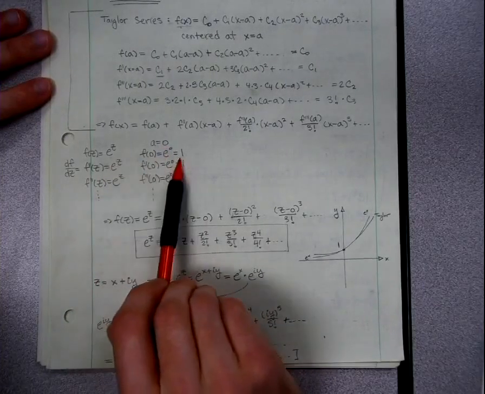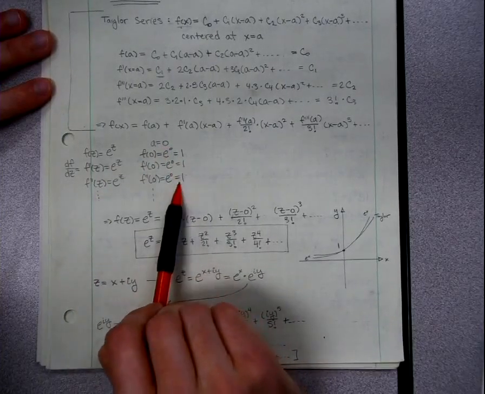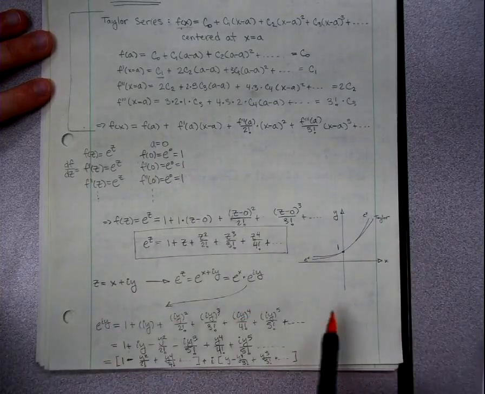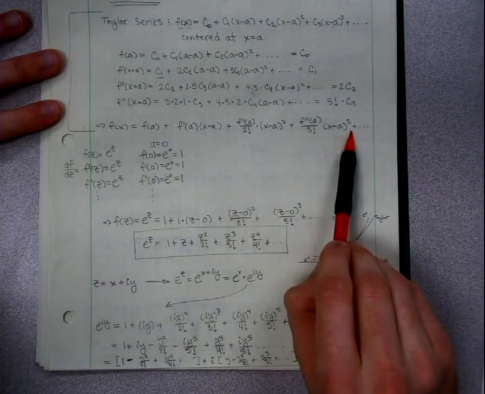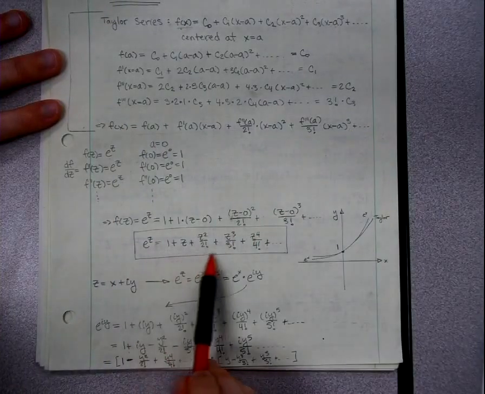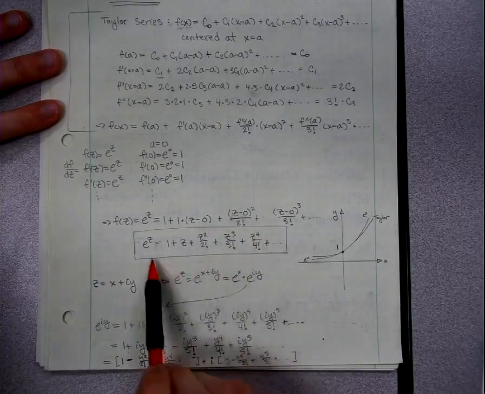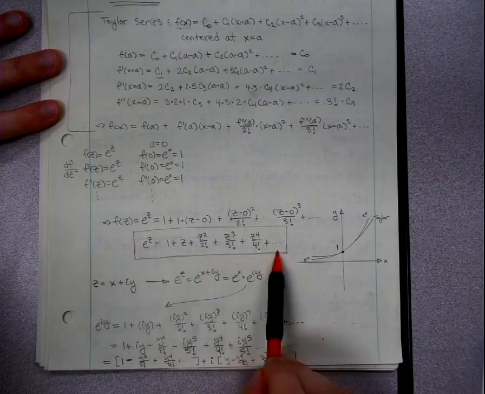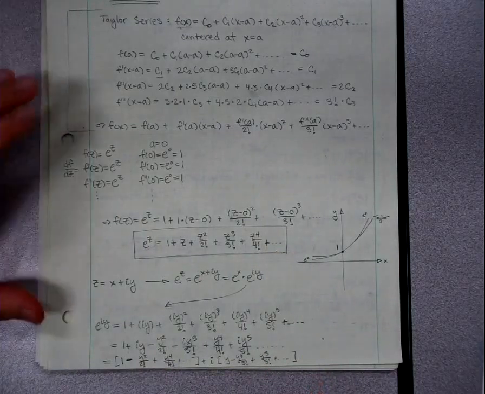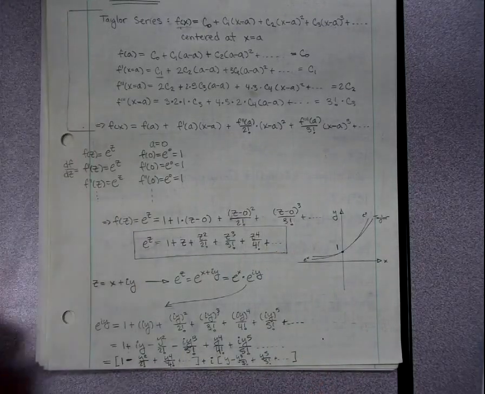Doing that gives us 1 for each term. And so plugging that back into our Taylor series equation, we end up with this. So rewriting e to the z is going to give us this. Okay?